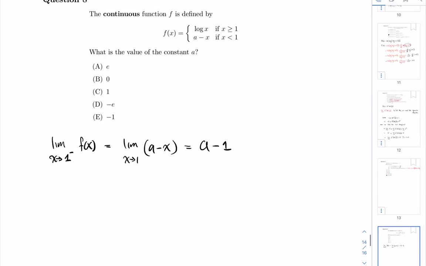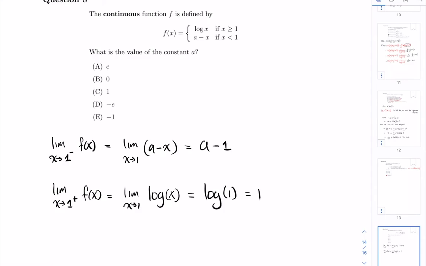Now the limit as x approaches 1 from the right of f of x is equal to the limit as x approaches 1 of the log of x, which is equal to log of 1, which is equal to 0. Log of 1 is equal to 0. You can try to plug that in on your calculator to validate what I'm saying.